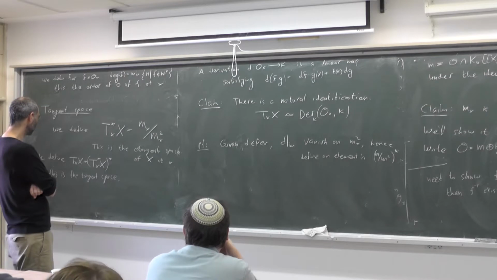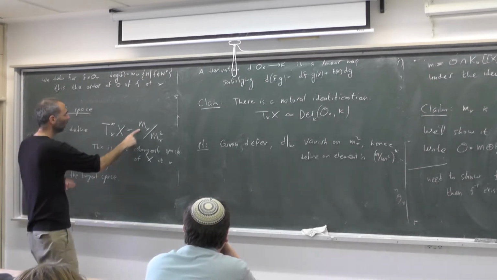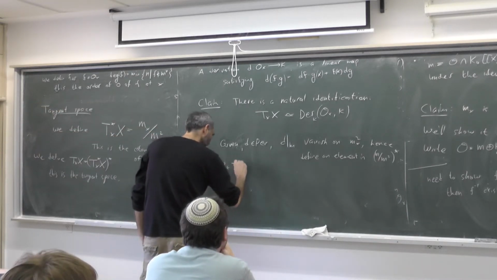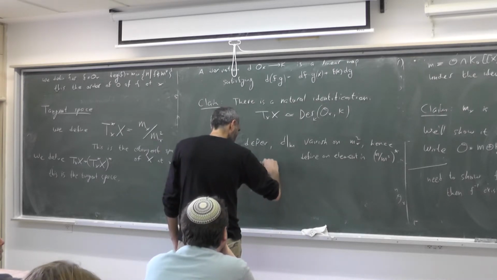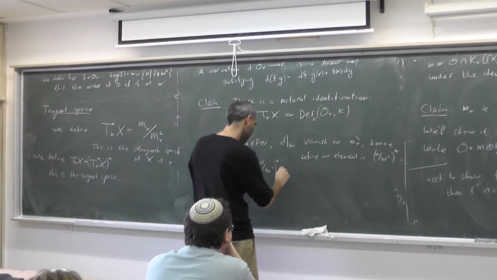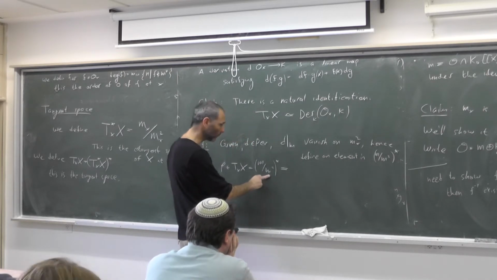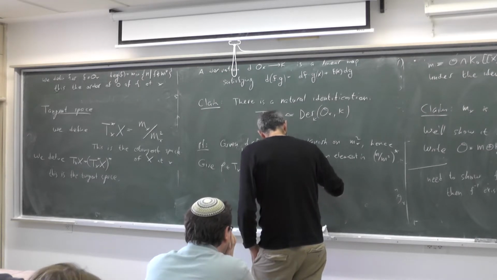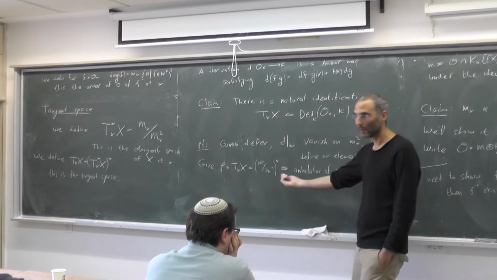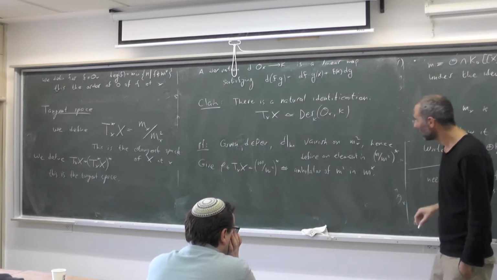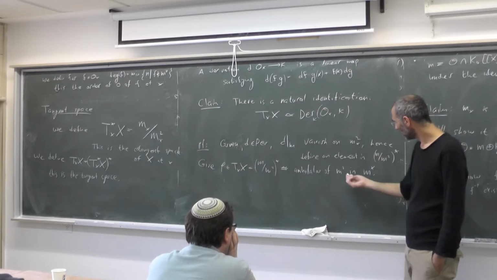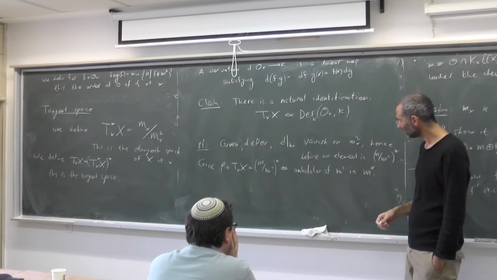Now, given an element phi in Tx, which is uniquely identified with the annihilator of m squared in m star, I get an element in m star that vanishes on m squared.